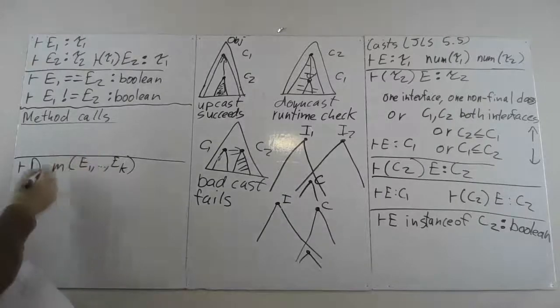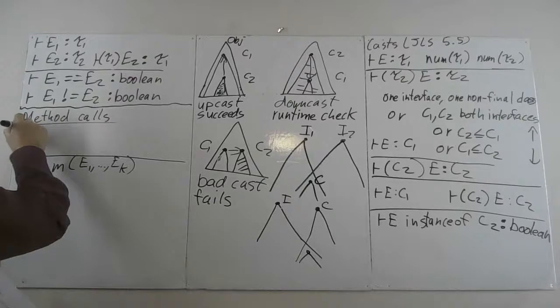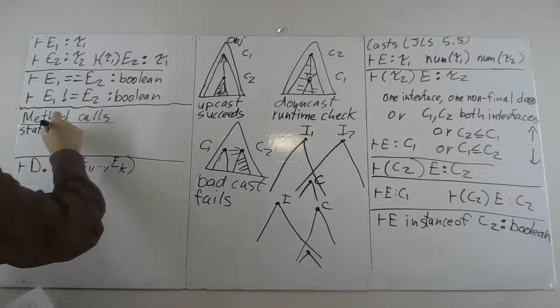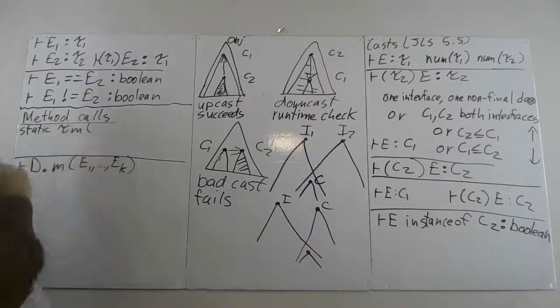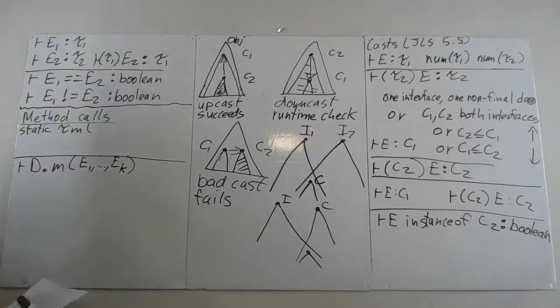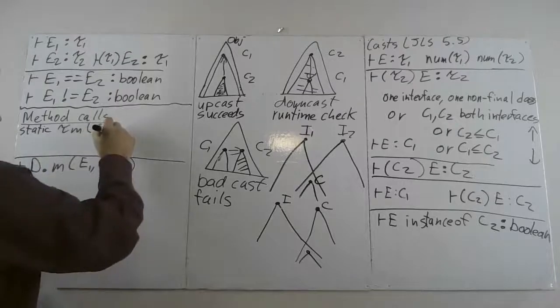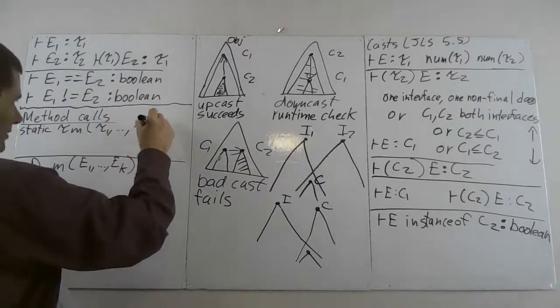Well, like with a field, I'm going to go into the class D, and I'm going to look for a method with that name. And I'm going to be looking for a static method. And the declaration of the method will give me a return type for that method. And the method declaration also has a list of parameter types.